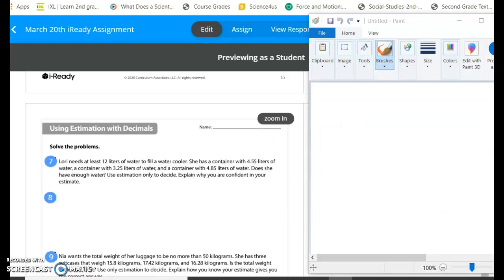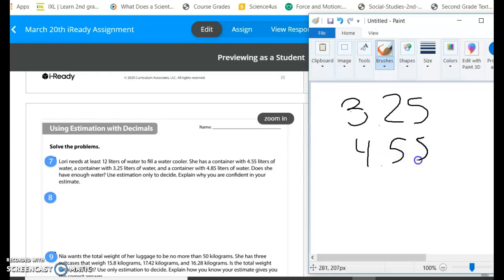So if I'm going to estimate, I'm going to first write out my problems because I do better when I can look at them. I have 3 and 25 hundredths liters, 4 and 55 hundredths liters, and 4 and 85 hundredths liters. I did not do that in order, sorry.